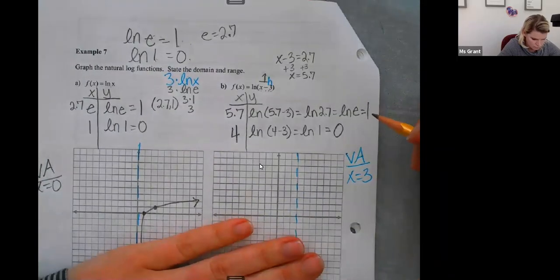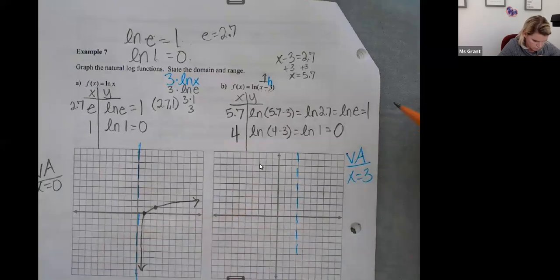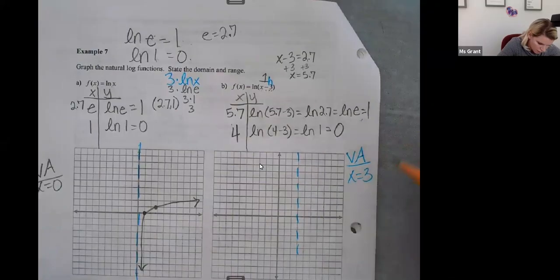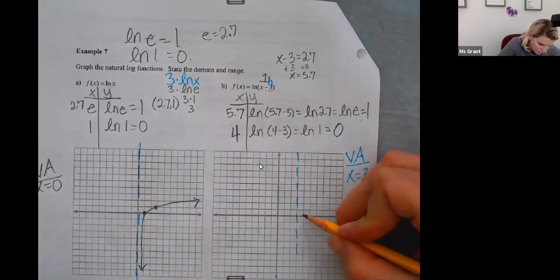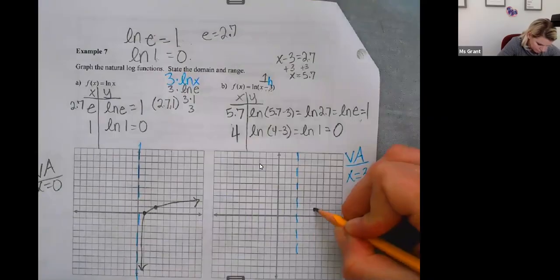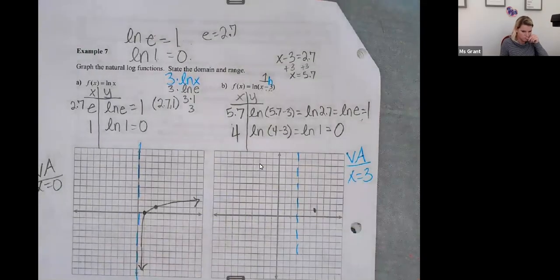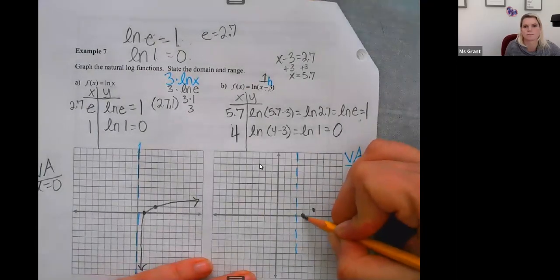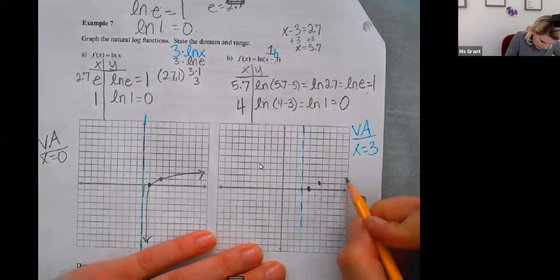And now, 5.7 comma 1, over 5.7 up 1. And then 4 comma 0. Looks like this.